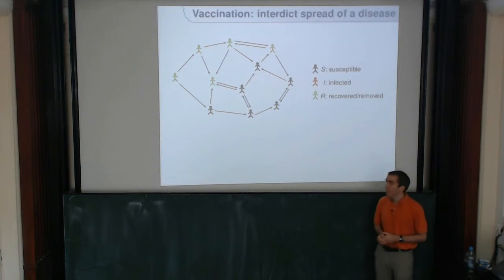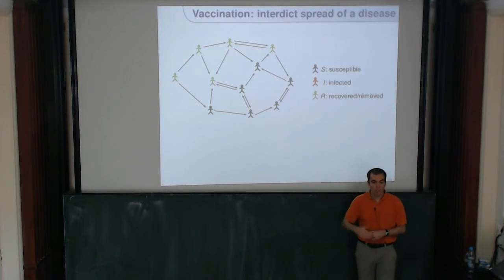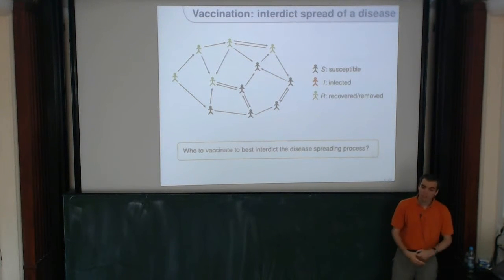At the end, the disease spreading will stop. You will have a certain number of individuals who got the disease and recovered, and others who didn't get it. The goal would be to minimize the number of green individuals here, for example through vaccination.